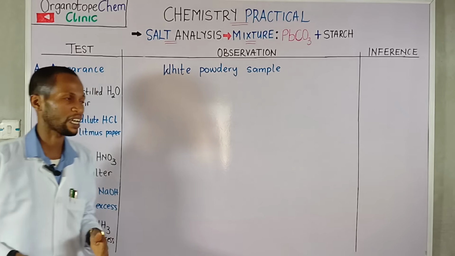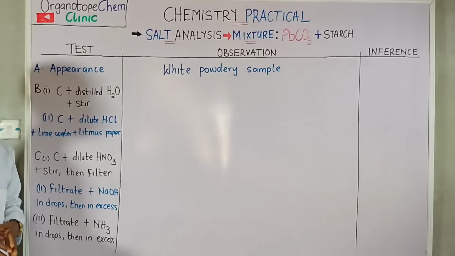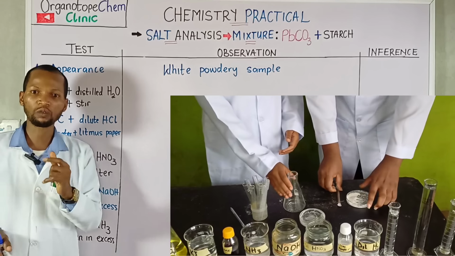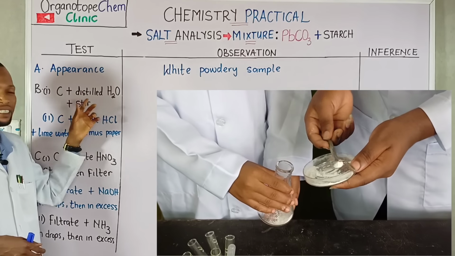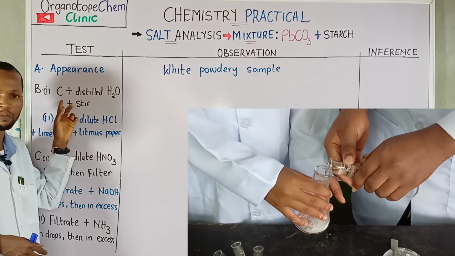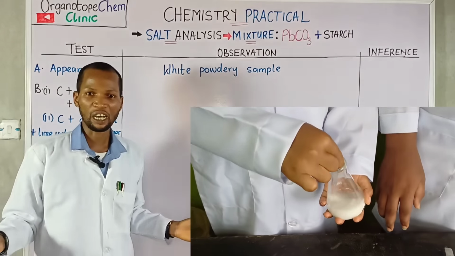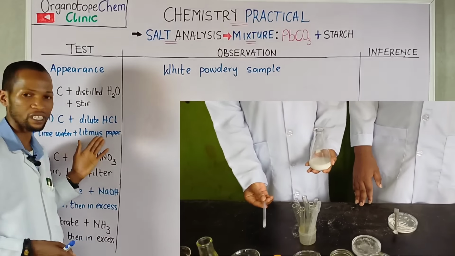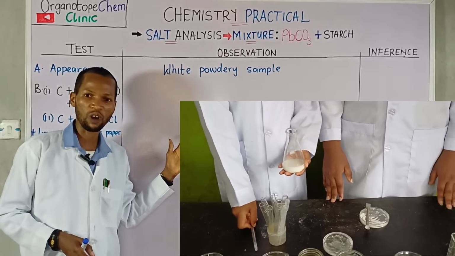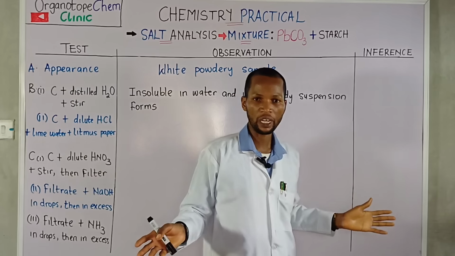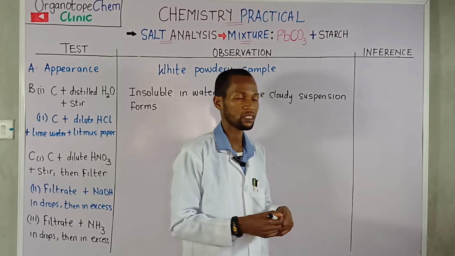Moving on, the next test is the dissolution of sample C in distilled water and stir. How do we conduct this? We add distilled water to the sample given and we stir using the glass rod. It can be observed that sample C is insoluble in water and a white cloudy suspension forms. So we can have our inference as what?